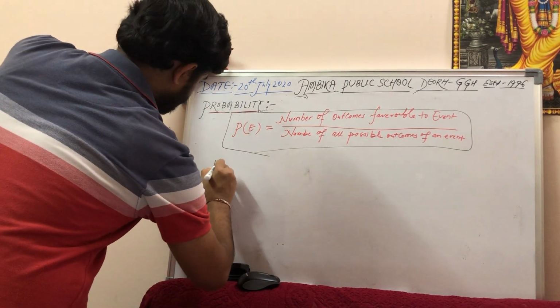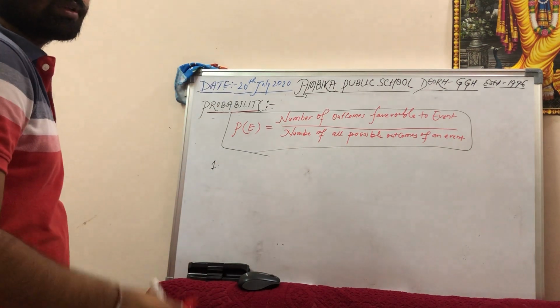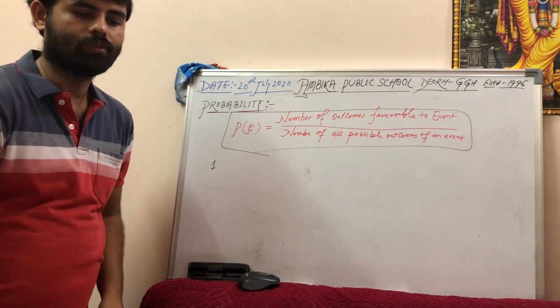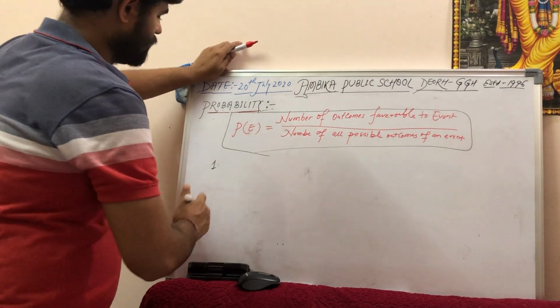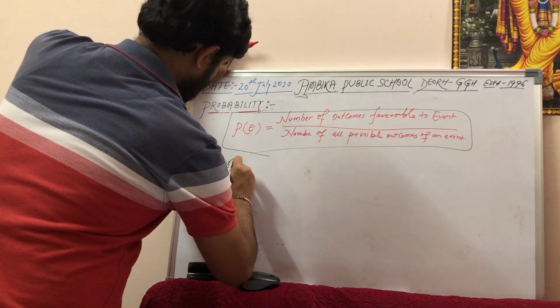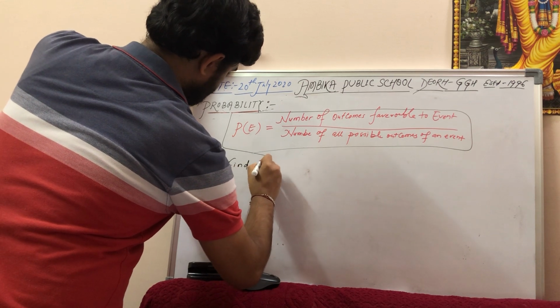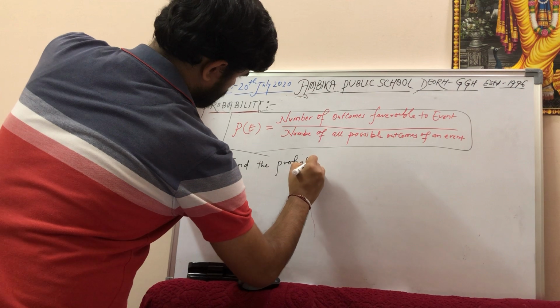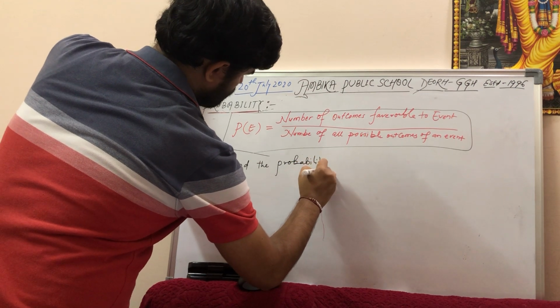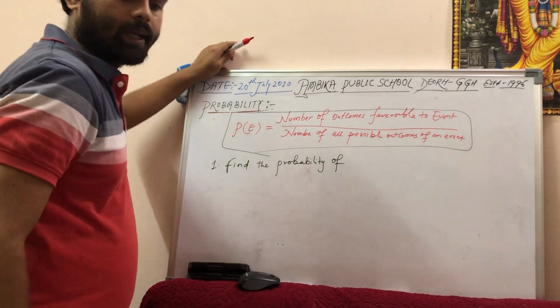First question is question number 1. Find the probability of getting a head when a coin is tossed.